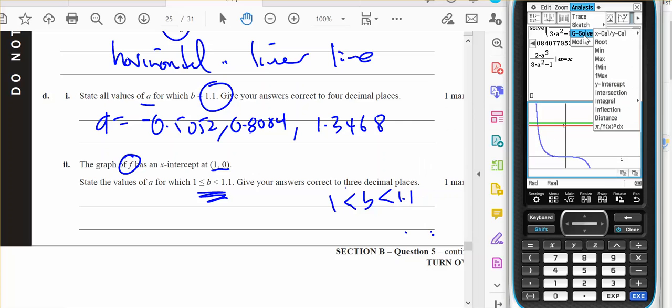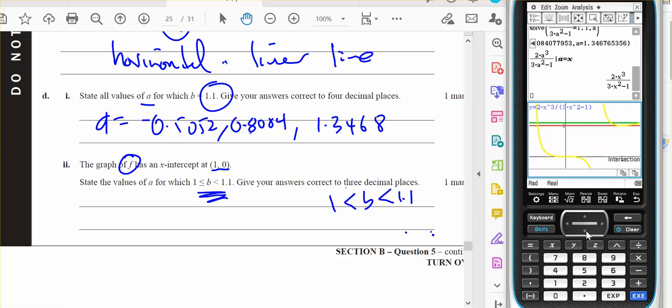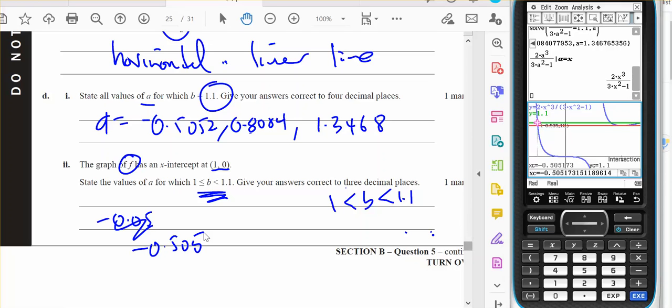So analysis, G-solve, intersection, the green one and the curve. So I'll accept the curve and the green one. And I get negative 0.0505, so negative 0.505. Three decimal places. That's that answer there.